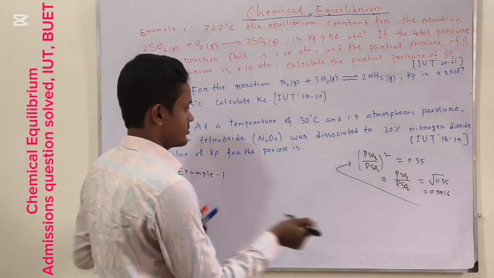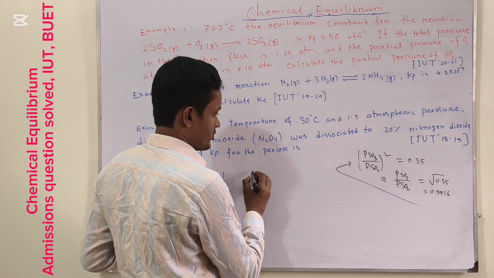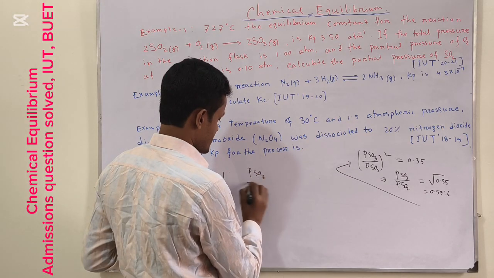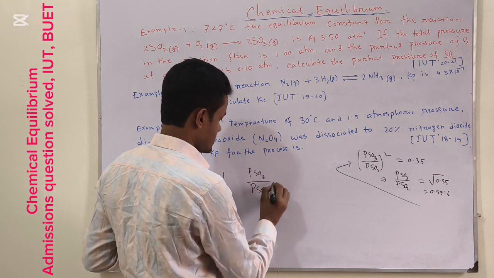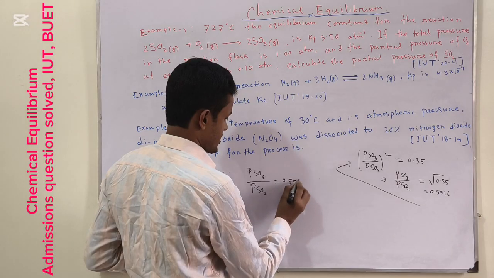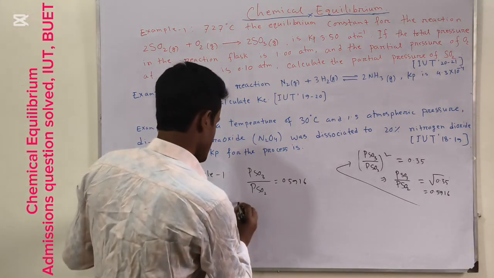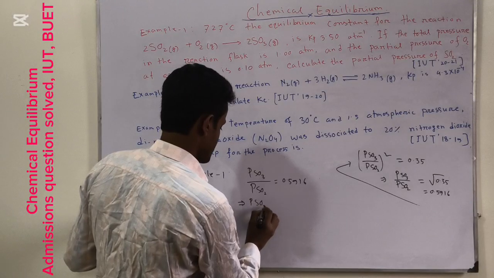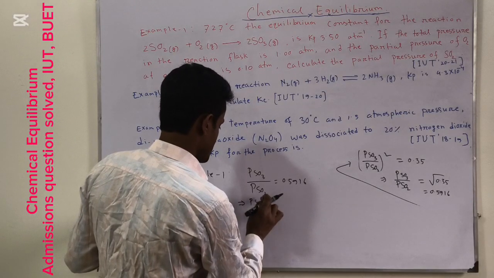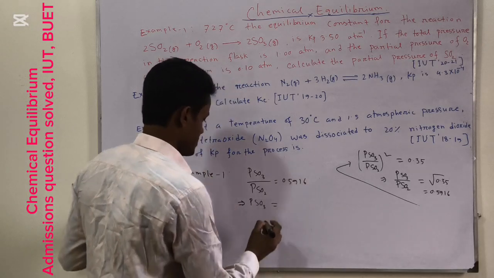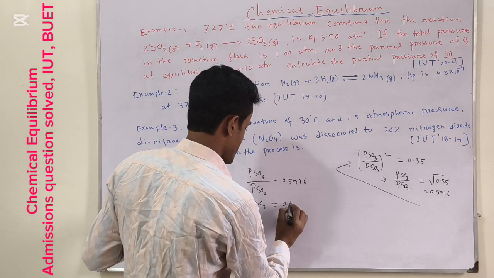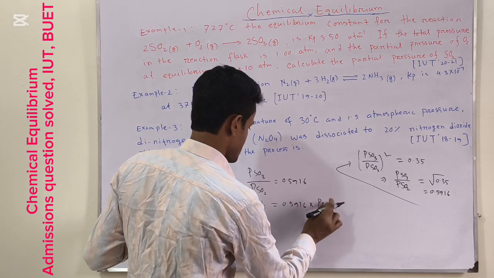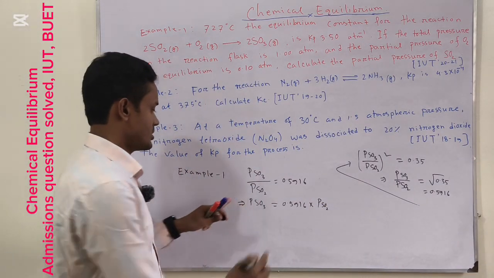Then we write the partial pressure of sulfur dioxide equals 0.5916 times the partial pressure of sulfur dioxide.